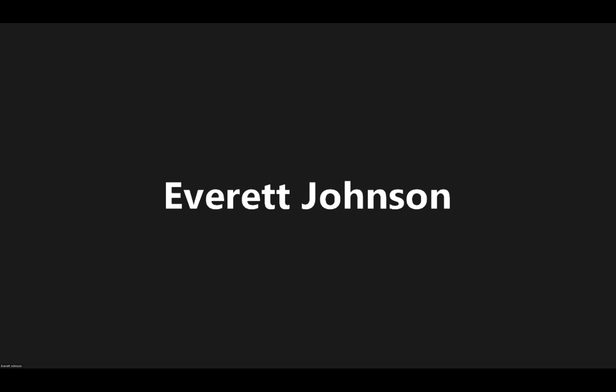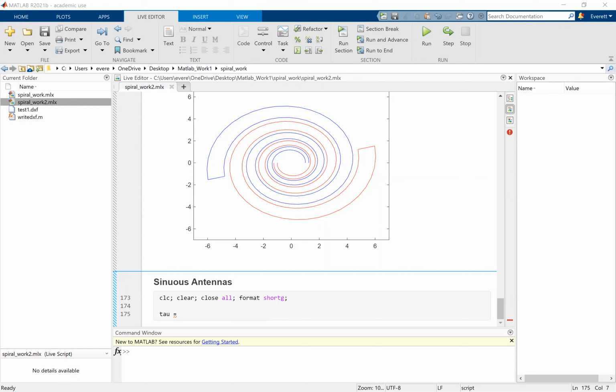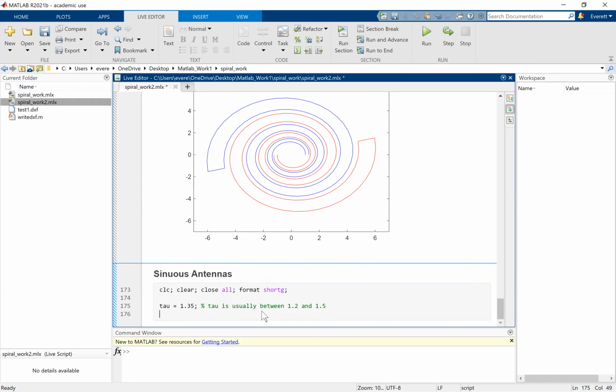So we have tau here. And again, according to the article, tau is usually between 1.2 and 1.5. So let's just go in the center, let's say 1.35. Then we have alpha here.